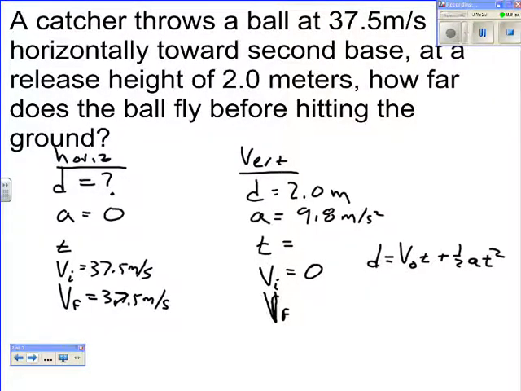Works out great because initial velocity is 0. That goes away. So time would be the square root of 2d over a. I just solved that equation for time. I did algebra. I had d equals 1/2 a t squared. I multiply by 2, divide by a, take the square root.